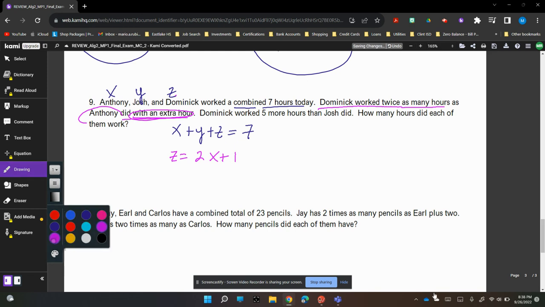And then the last sentence says it's again Dominic, so instead of Dominic, we're going to write Z equals 5 more hours than Josh. So he worked 5 more hours than Josh.